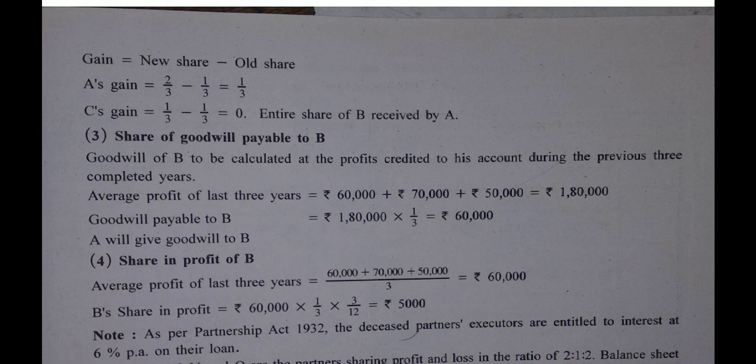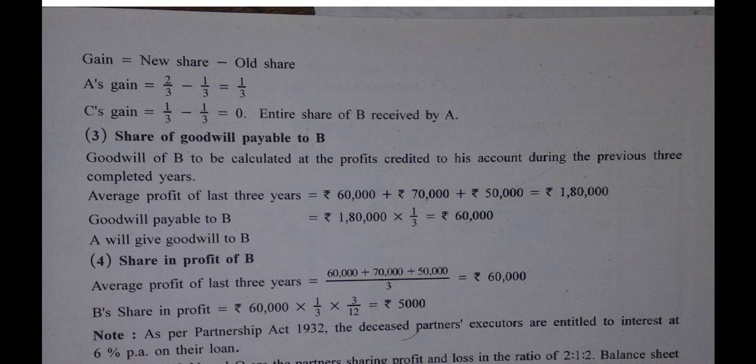Please use your calculator for necessary calculations. Average profit, so 1,80,000 divided by 3, which gives you 60,000. So now finding out the share of B in profit is 60,000 into 1 by 3. First of all, his share. 60,000 into 1 by 3 gives you 20,000.